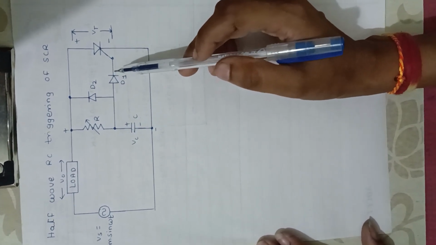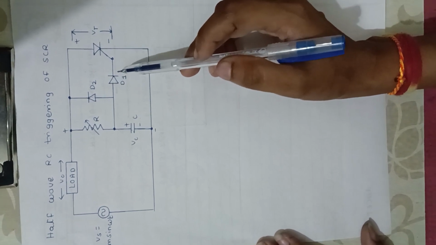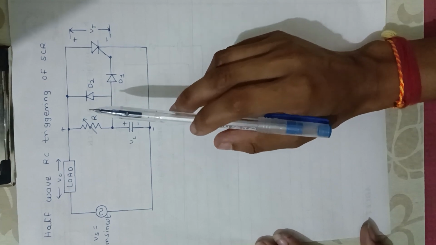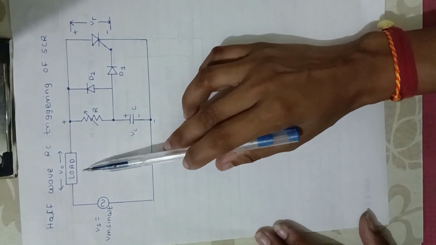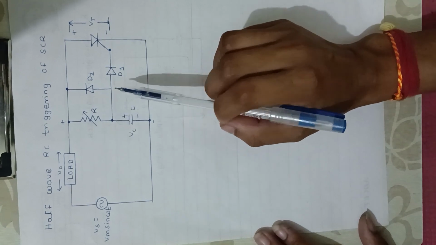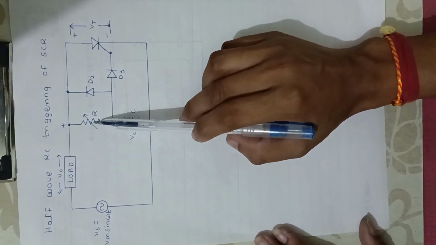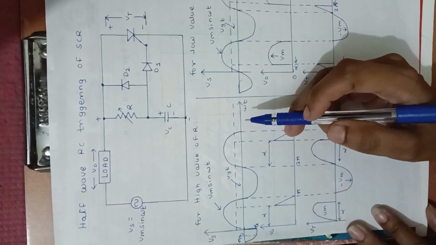The SCR will remain off. During the positive half cycle, this capacitor will start to charge in this direction, this terminal with respect to this terminal. So this capacitor will get charged, and because of polarity, charging is there across resistance R in this loop. Let's try to understand that by the waveform, which will be more clear.